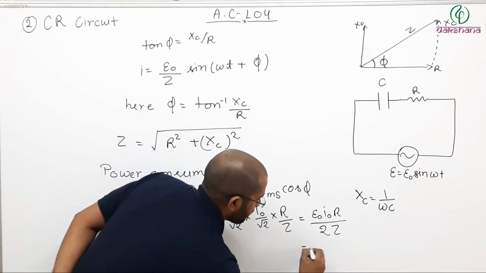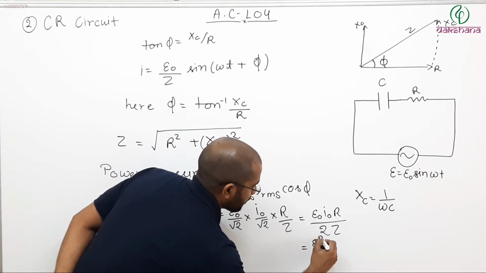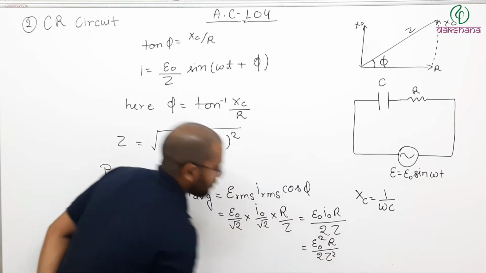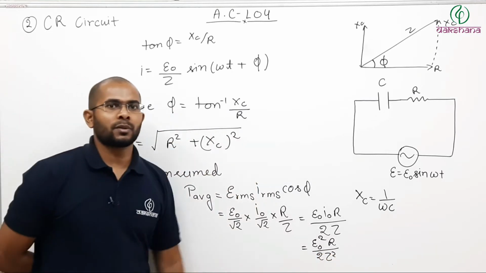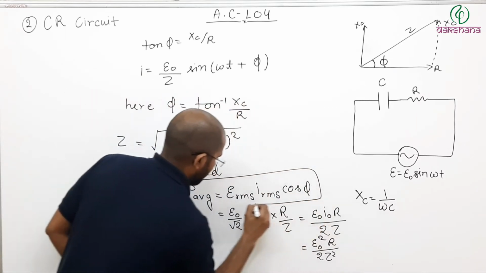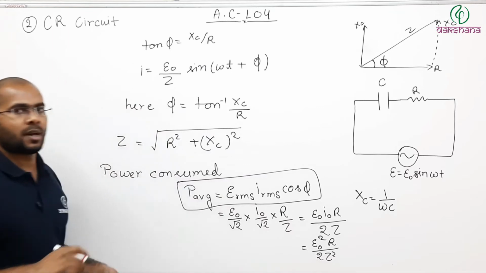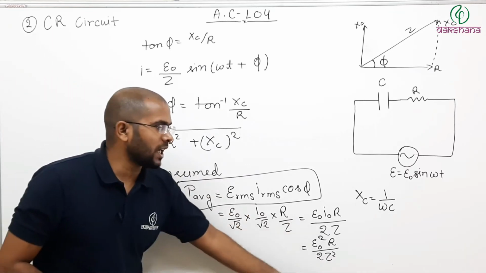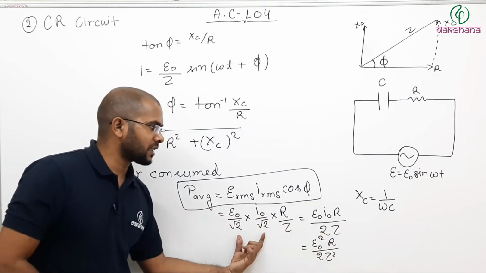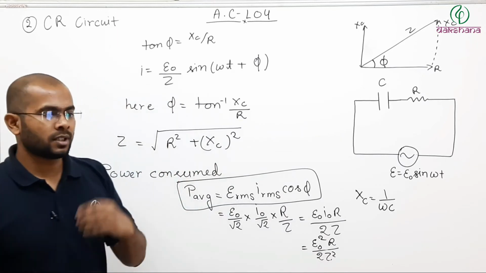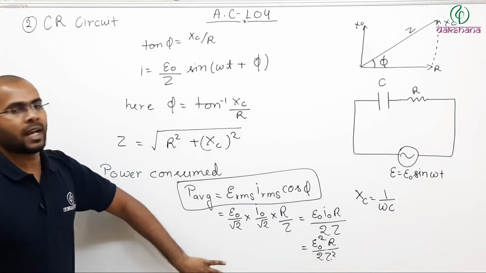So your power will come out to be E naught square R divided by twice of Z square. That can also be your power. So this formula is valid always. Now it's up to you and up to the question that you want to write this formula in which way. You can write that like this also, whichever way is needed for solving the question.